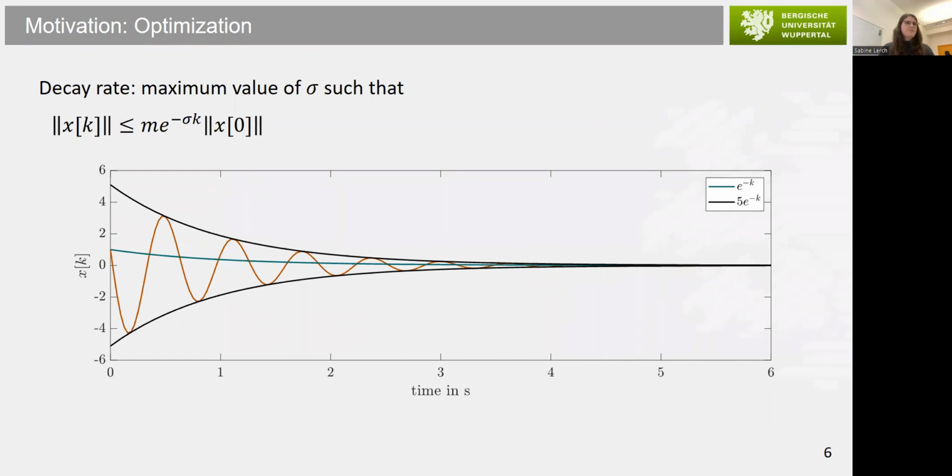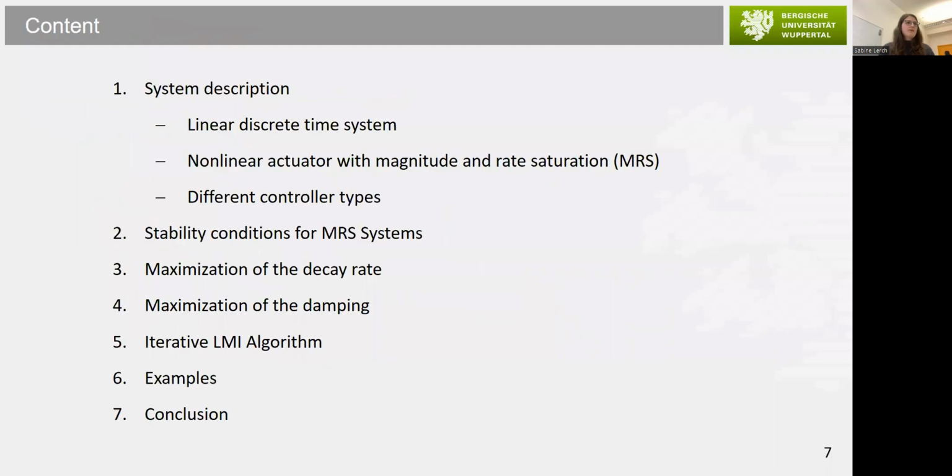in this talk. Now I want to give you an overview about the next 30 minutes. At first, I will describe the system for which we want to design a controller. This is a linear discrete time system with the only nonlinearity of actuator limits in magnitude and rate. We want to design different controller types, which I will show shortly.